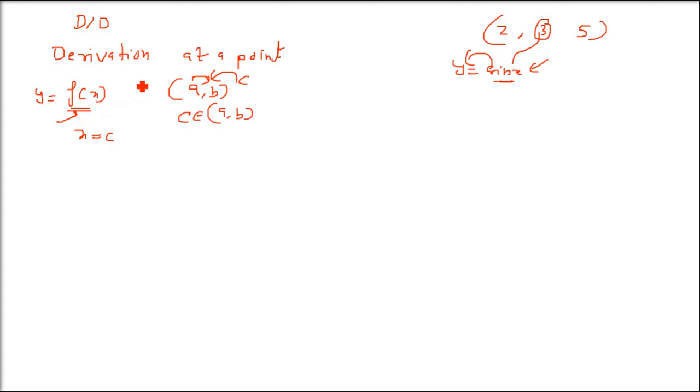This function is differentiable if and only if a condition holds. The condition is that a limit must exist. For example, the limit as x tends to c, for example x equals 3 here, of (f(x) minus f(c)) divided by (x minus c), taking the value of f(x) and then the value at the particular point 3 in this case.